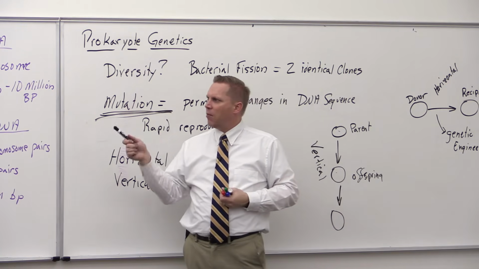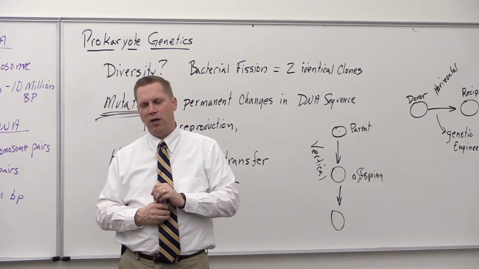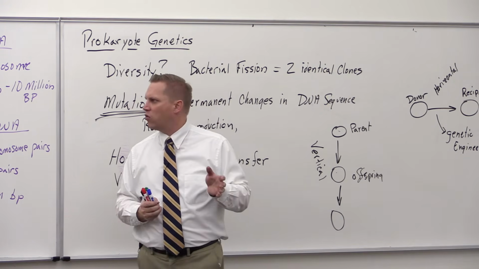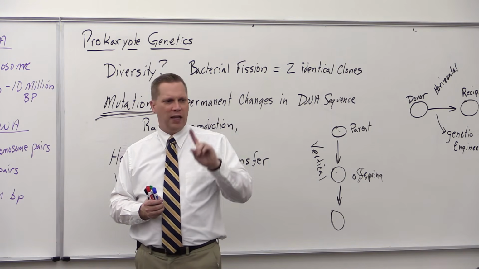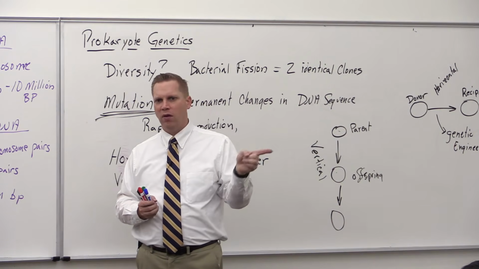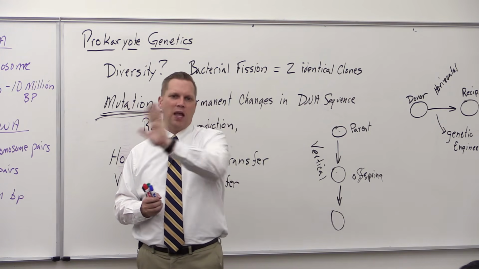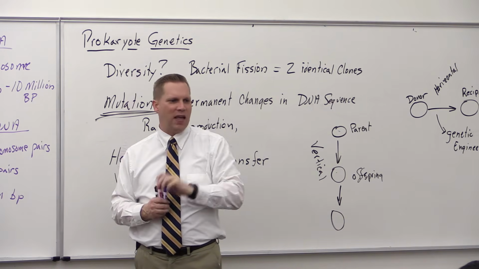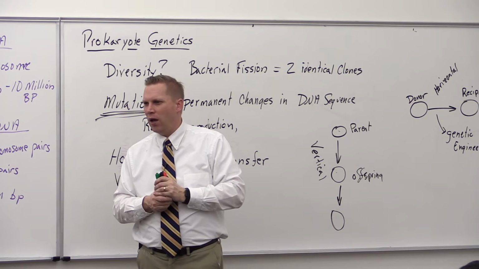An interesting thing about the horizontal transfer, and this goes along with our idea of genetic engineering, is that the horizontal transfer, particularly in prokaryotes, can cross species boundaries. So you could have one species of cell that will conjugate with a whole different species. That doesn't happen in animals or plants, really, right?